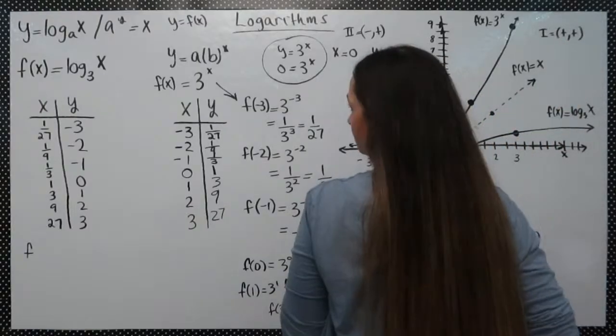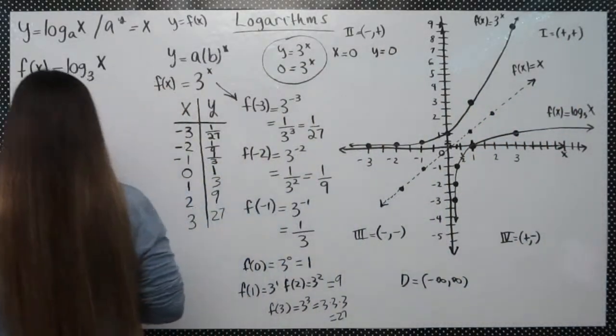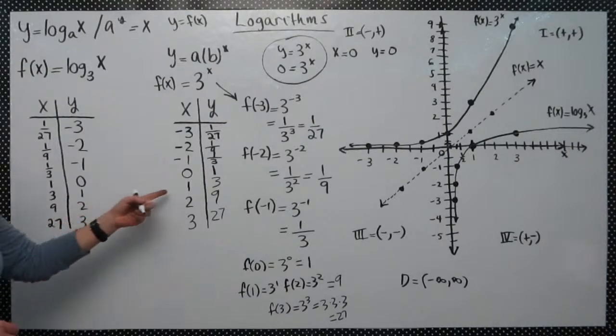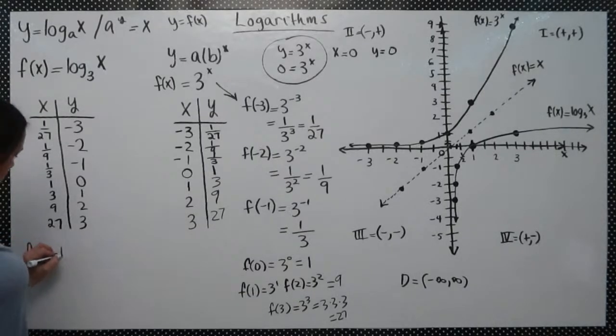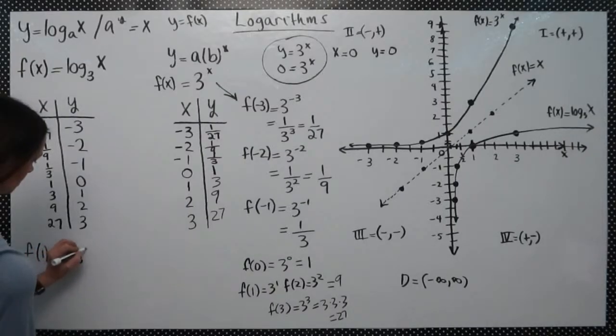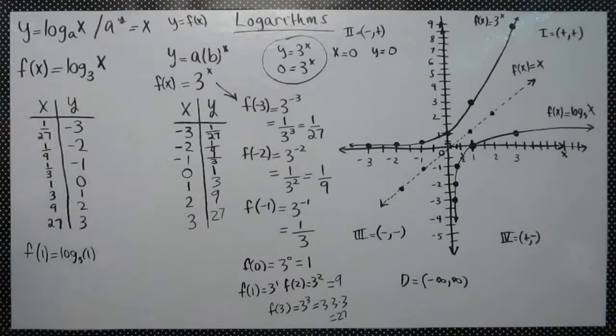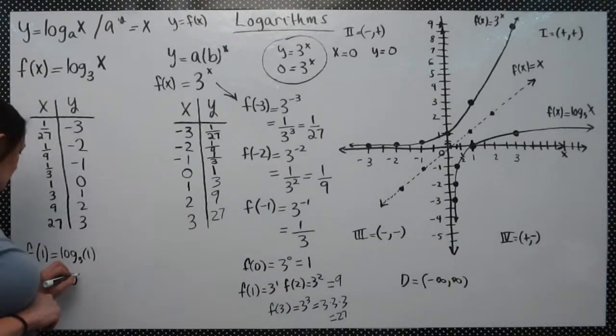So you can only put positive values in the domain. So we'll just start with 1. So it'd be f of 1 equals log base 3 of 1. And basically the way that I solve that is I prefer the change of base. So this puts it into base 10. So this is log 1 over log 3.